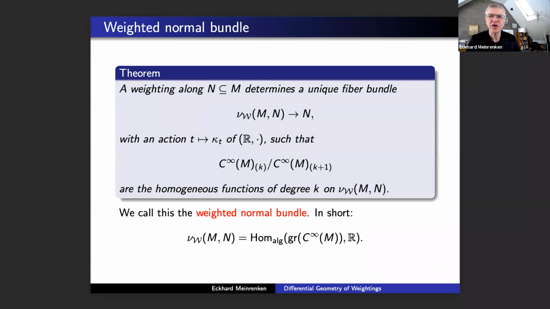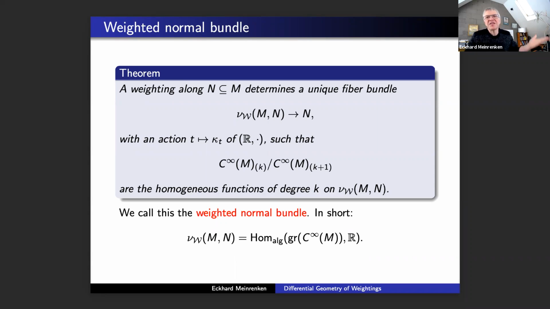So we call this the weighted normal bundle. If the weighting is trivial, then this really recovers the usual definition of the normal bundle, or one of the many definitions of normal bundle.